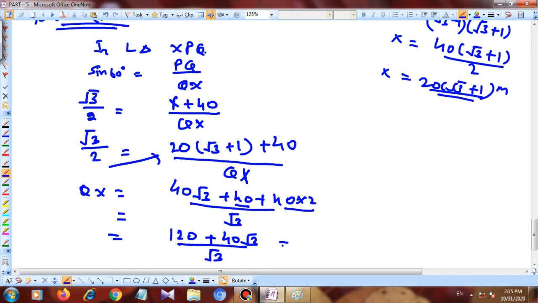So this will become, take 40 common, and here 3 plus root 3 upon root 3.